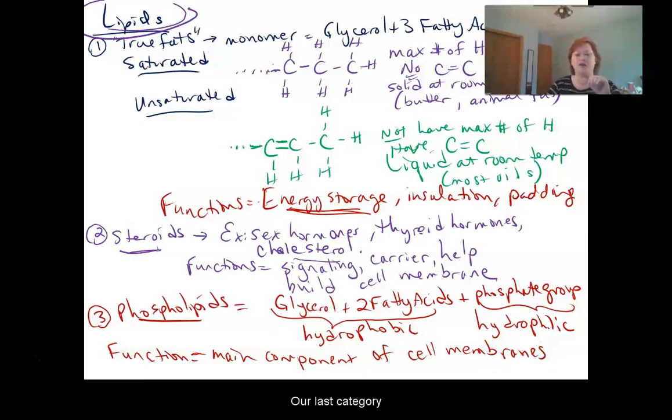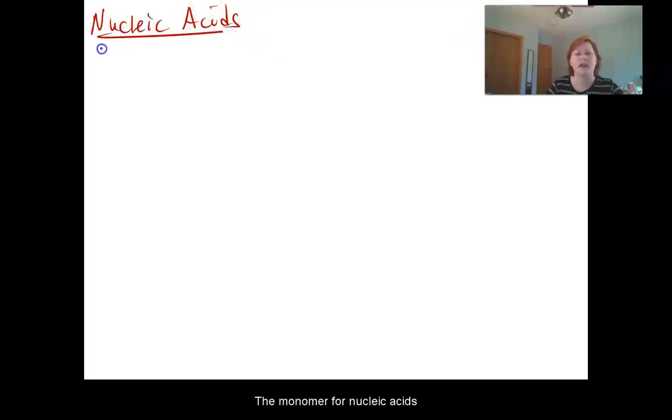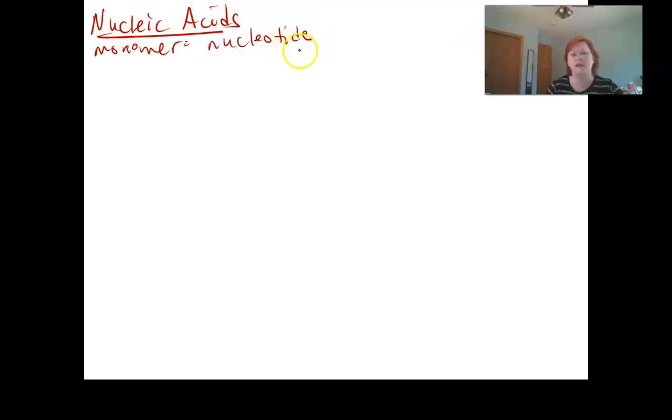Our last category would be the nucleic acids. The monomer for nucleic acids are nucleotides, and nucleotides are made up of a phosphate attached to a sugar and some nitrogenous base.